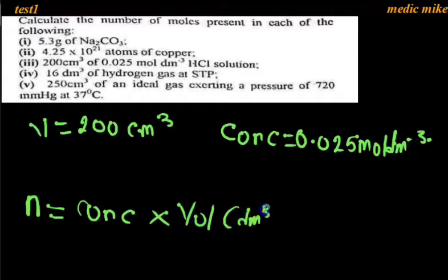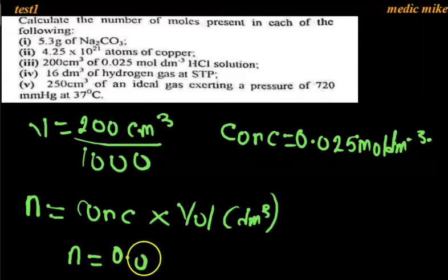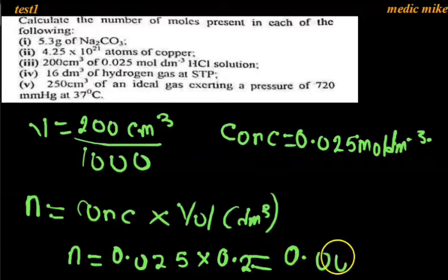You notice that in our question our volume is in cm cube. All we have to do to convert to dm cube is to divide by 1000. Divided by 1000, we'll have 0.2 dm cube. Now here we'll write mole is equal to 0.025 times 0.2, the volume in dm cube after dividing by 1000, and this will give us 0.005 mole. As easy as that.